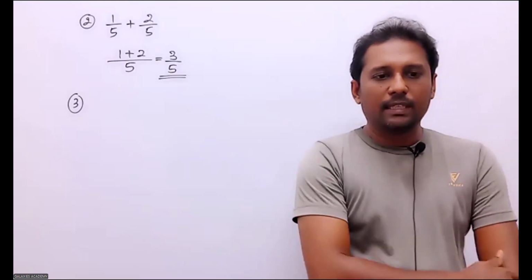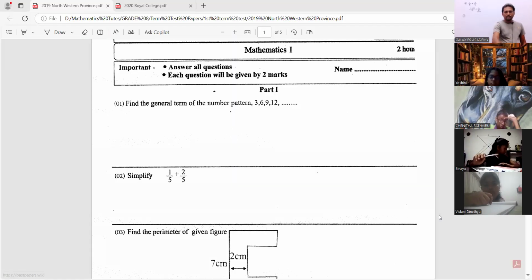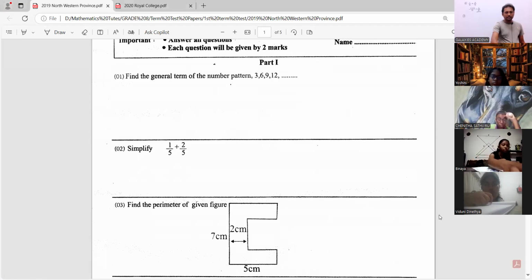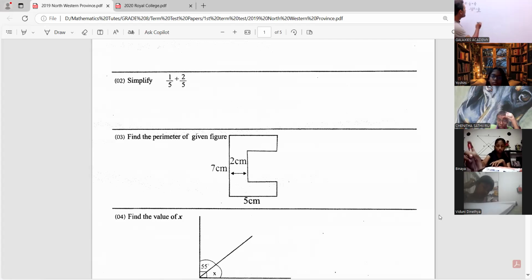Then let's go to the third question. The third question is from the perimeter lesson. There's a diagram given. This length is given as 7 centimeters, this length 5 centimeters, and this gap 2 centimeters.